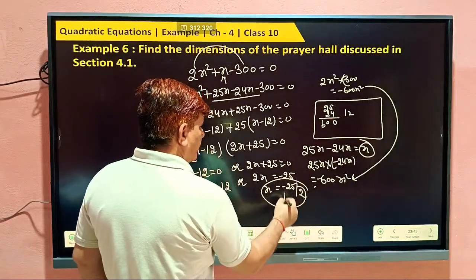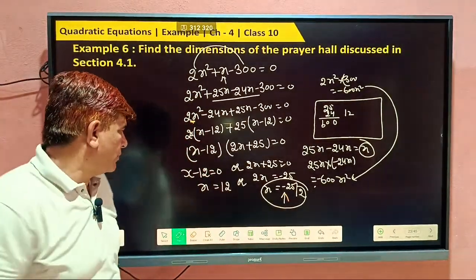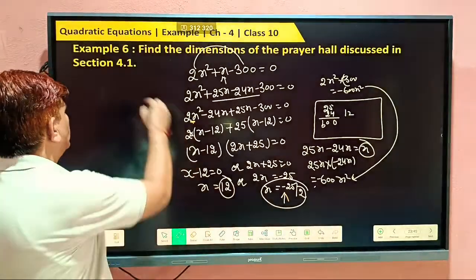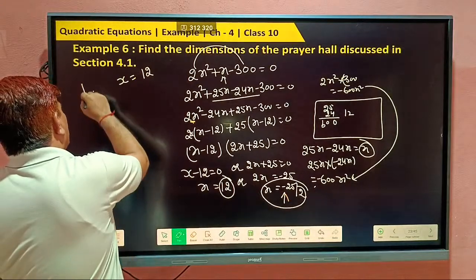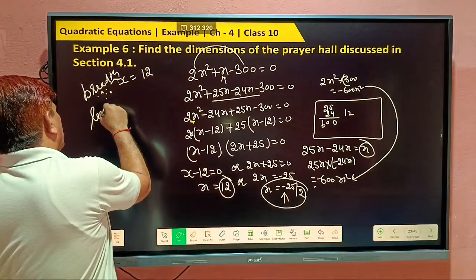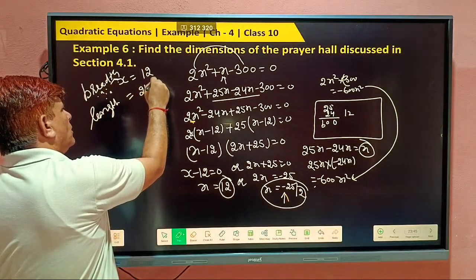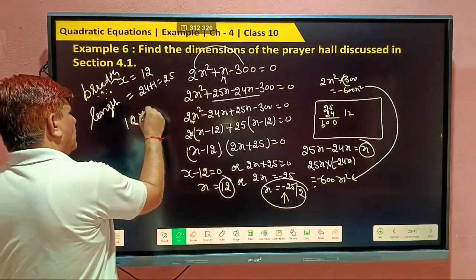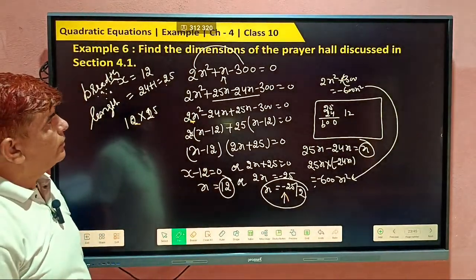This is negative. Length is never negative, always positive. So which one is this? So x is this 12. This is the breadth according to the question. Length is 2 times of it, 24, plus 1, 25. So 12 and 25 are its dimensions. And what's their area?